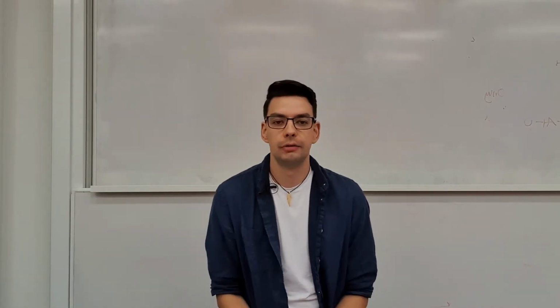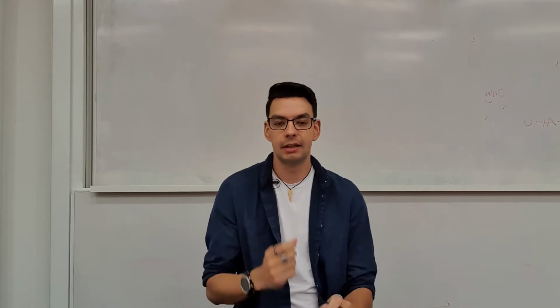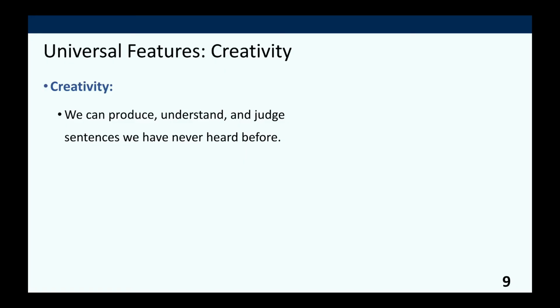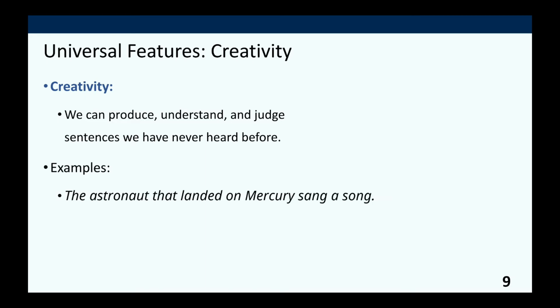Yet another universal feature of language is creativity. What do we mean by creativity? By creativity we mean that we can produce and understand and judge sentences that we have never heard before. For example, "The astronaut that landed on Mercury sang a song" is a sentence that I'm willing to bet you haven't heard before.